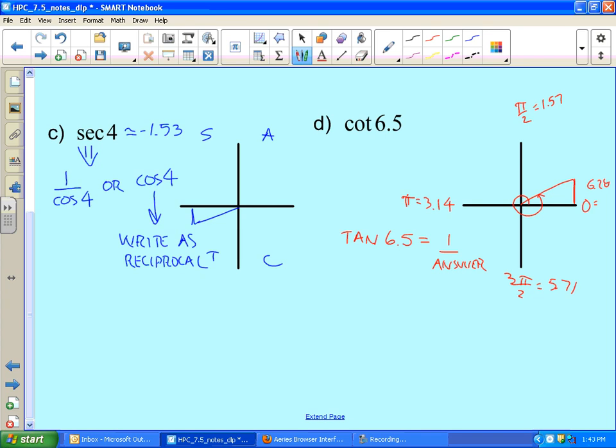So what is it? 4.54? Did anyone else get 4.54? Okay. All right, so that's what we do with our reciprocal function.